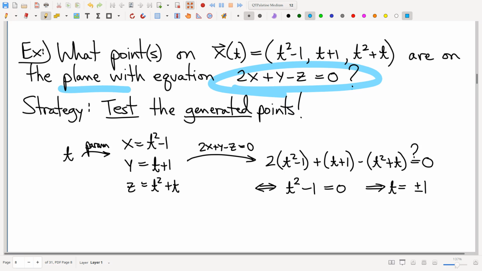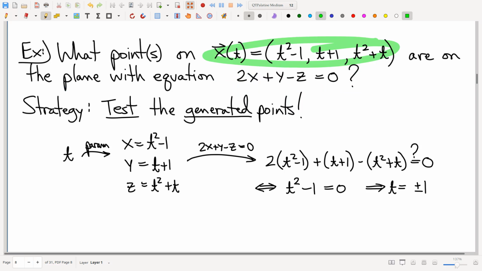That's the equation of a plane. And the big idea is this generates points, and then we're going to test them. Generate points and then test those generated points and see which of those generated points pass the test.